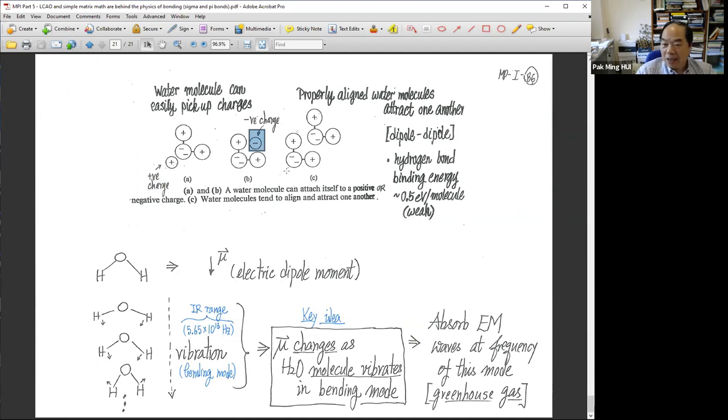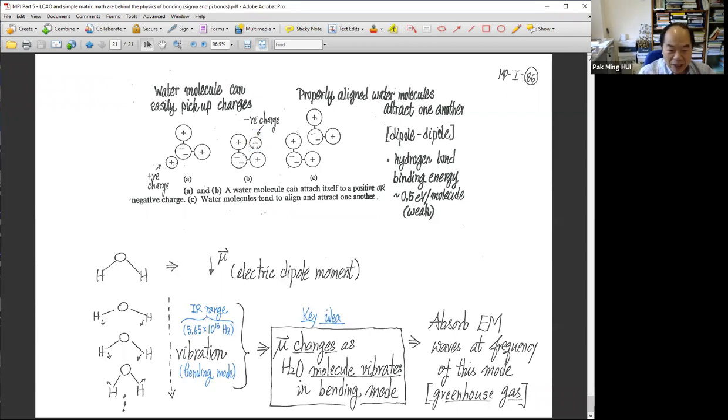And that's why in the dry weather, in winter, even if you push the button of the elevator, sometimes you get a shock, okay? Because you don't have enough water molecules in the atmosphere to take care of all this extra charge around, okay? Accumulating on the button, and then you put it back, and then you get a shock, okay?